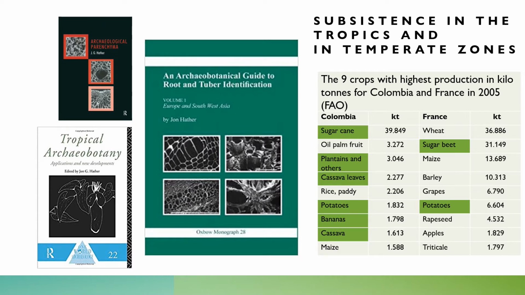John Hather was among the first researchers to draw attention to the importance of recognizing vegetative food remains in archaeological sites and initiated the field of tropical archaeobotany with some important contributions in root and tuber identification. He was also the author of a number of books in this field.